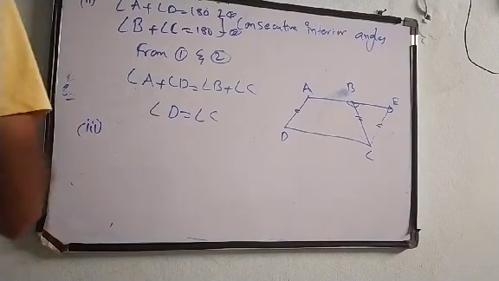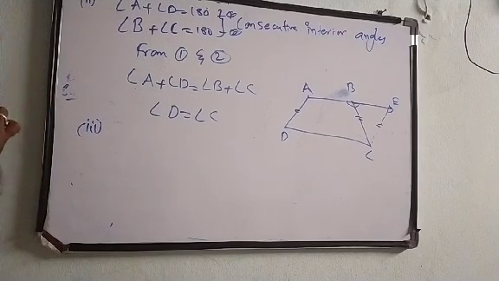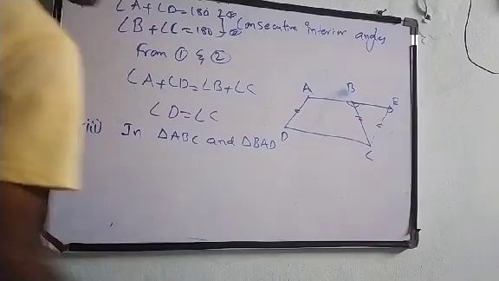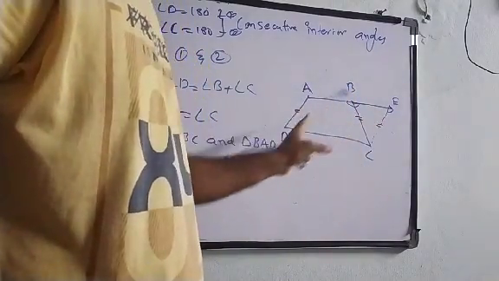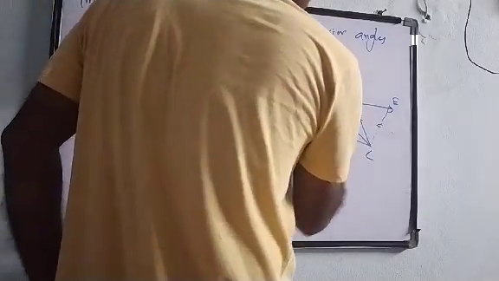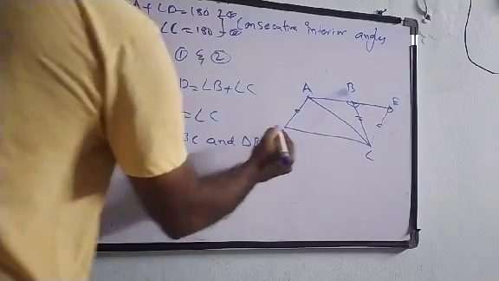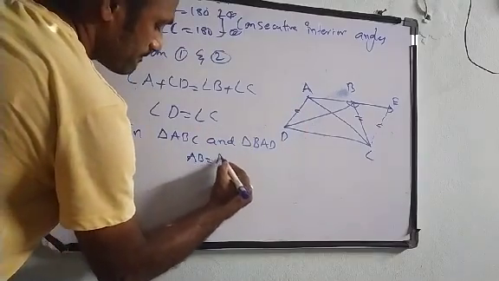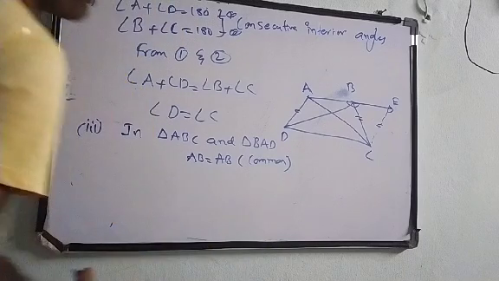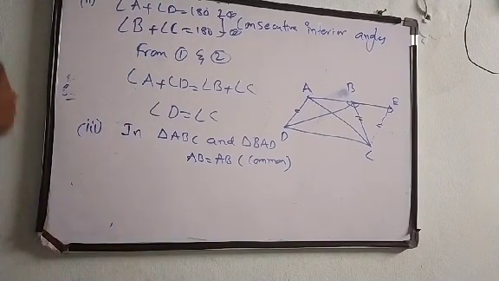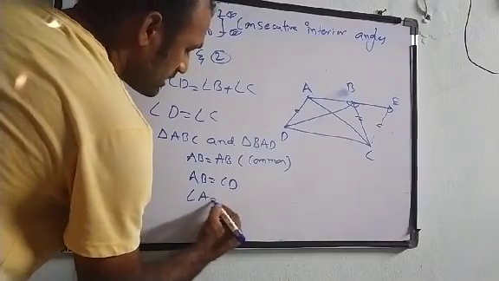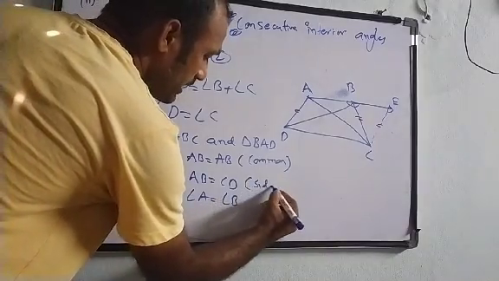So third one, in triangle ABC and triangle BAD, AB is equal to AB, which is the common side, and AB is equal to CD, and here angle A is equal to angle B. So this is also side and this is angle.